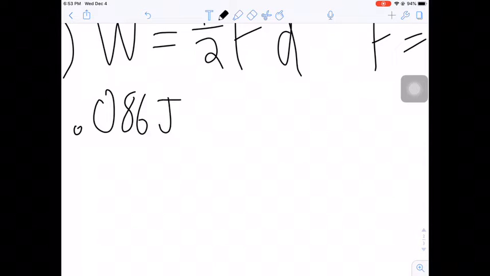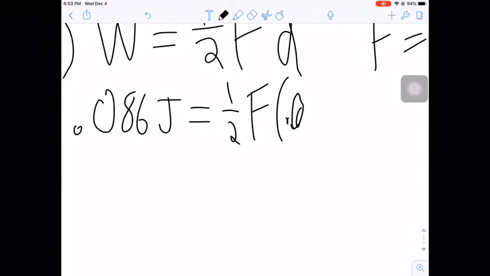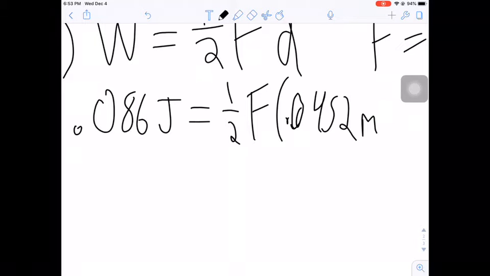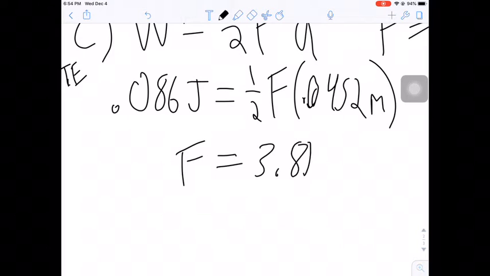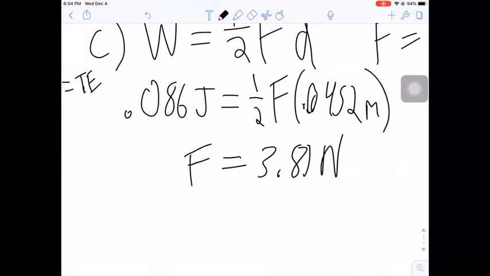0.086 joules is equal to 1/2 F, since we're solving for F, times the distance, which we got earlier, 0.0452 meters. After we solve that, we get 3.81 newtons for the force.